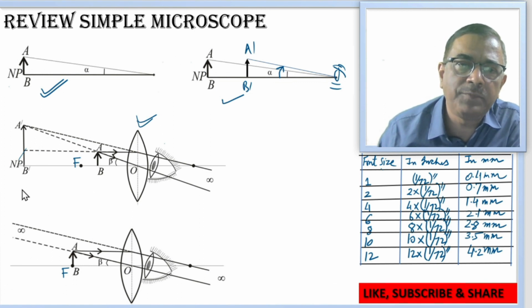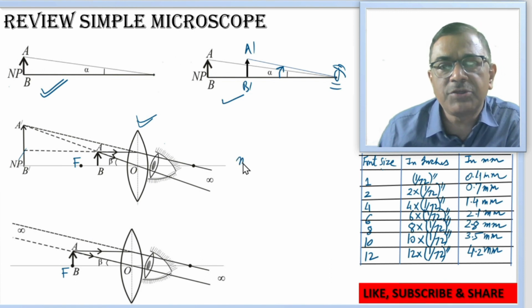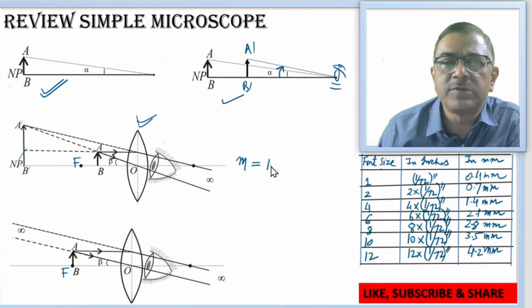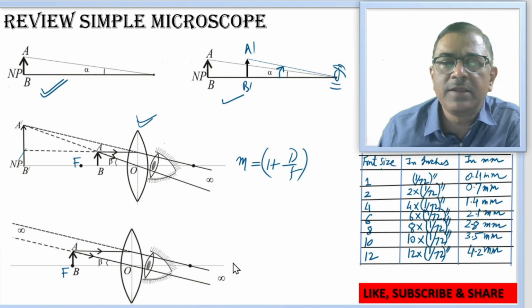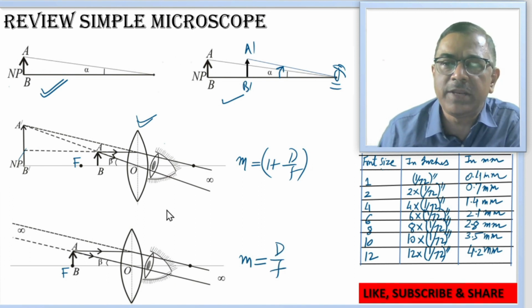When the image is formed at the near point, the magnification is given by m equals 1 plus d by f, and if the image is formed at infinity, the magnification is given by d by f. Here all the symbols have their usual meaning.